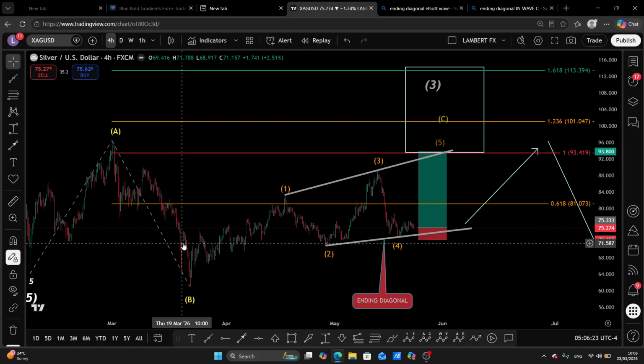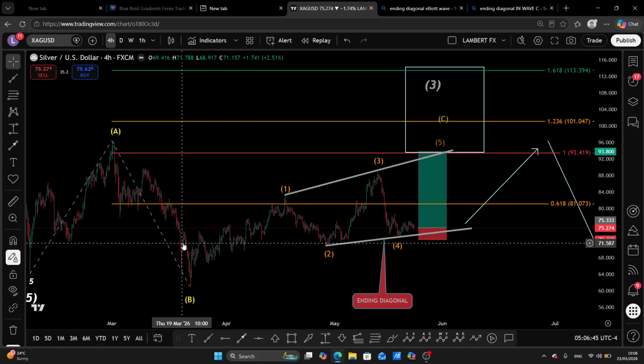An ending diagonal is a chart pattern of the Elliott wave principle or methodology, and you can find an ending diagonal in your wave C of a zigzag or a flat, or in your wave 5 of an impulsive move.